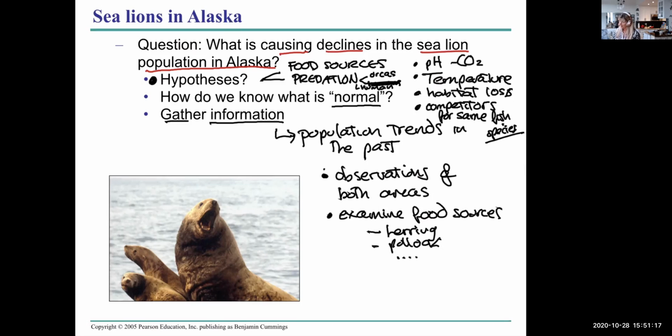So one thing that the aquarium does is look at food sources. They have sea lions that have been rescued from the ocean. I don't think they have sea lions that they've captured anymore. They've got sea lions that have been rescued at one point or another. They feed them different types of fish and then examine their poo.